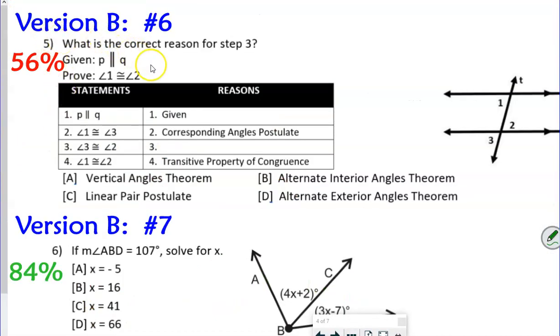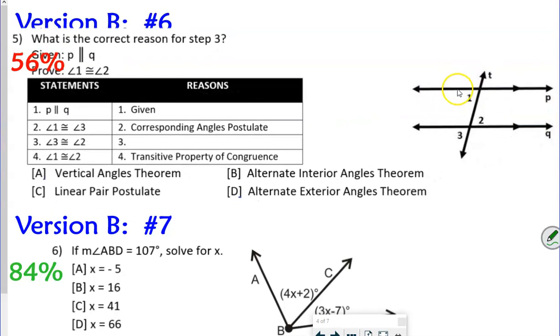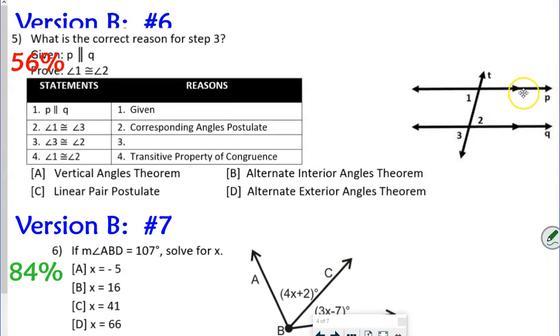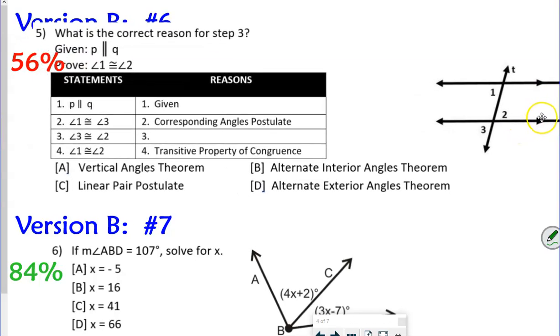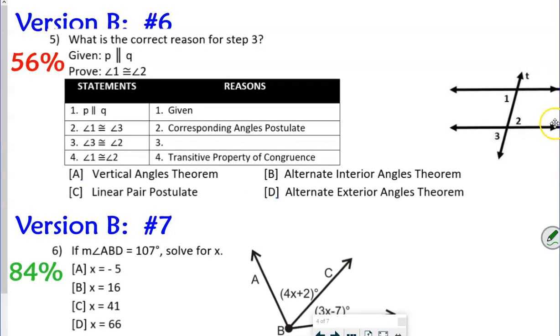So number 5, again, was a pretty low scoring question, 56%. It says, given that these lines are parallel, which it says on the, actually, let me move this over so y'all can see it, that P is parallel with Q, and we know that because it's got that extra set of arrows on it, right? And then it says, prove that angle 1 is congruent with 2. Okay, so we're working down through here.